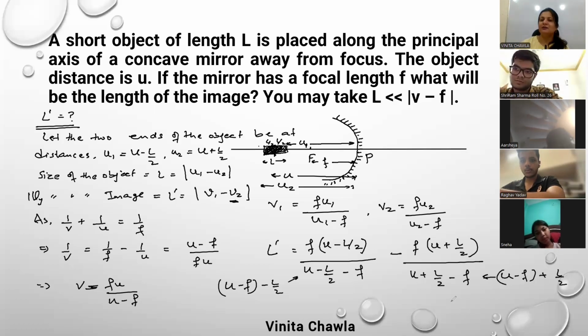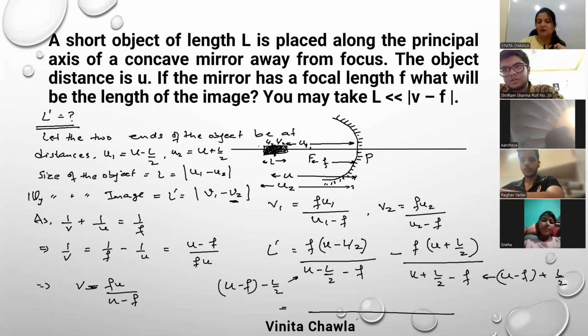So when you take the LCM for solving this, in the denominator you will get a square minus b square. ठीक है? क्या आएगा? a square minus b square. ठीक है? So we can write this as u minus f whole square minus L by 2 whole square. Okay? a minus b a plus b है.